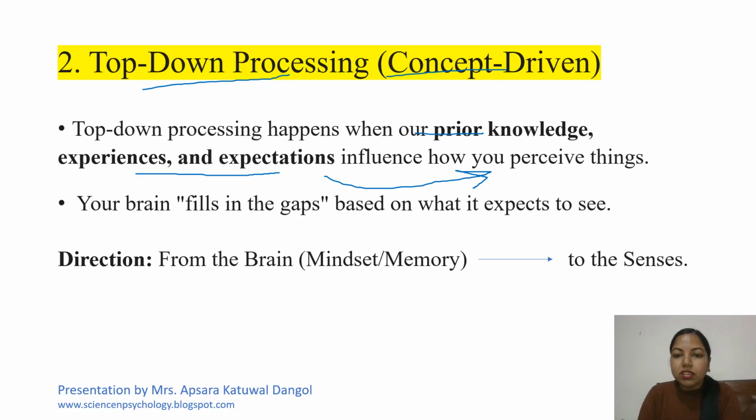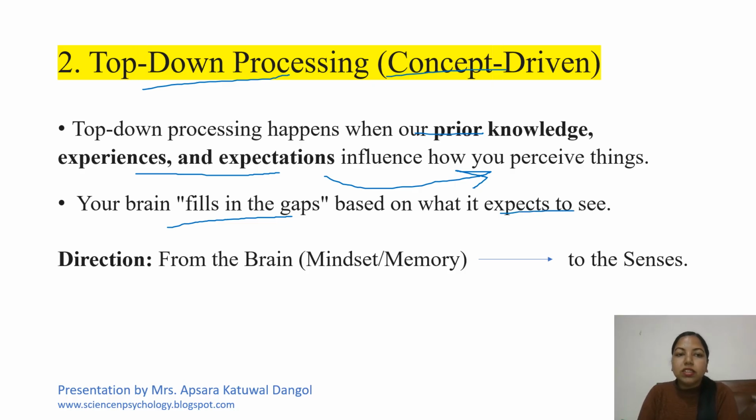We are able to perceive certain things. Why was I able to perceive that ink blot? Because I have already seen a butterfly, the shape of a butterfly. That's why I was able to turn that experience, expectation, or prior knowledge into the perception. So our brain fills the gaps based on what we expect to see.